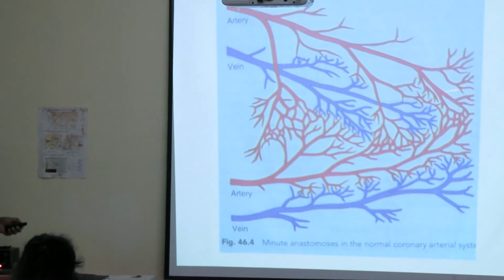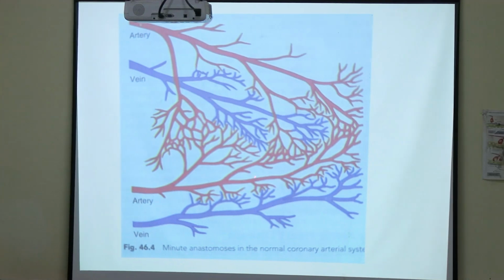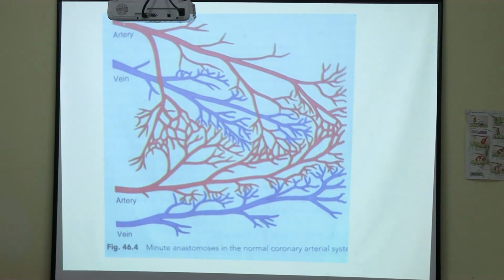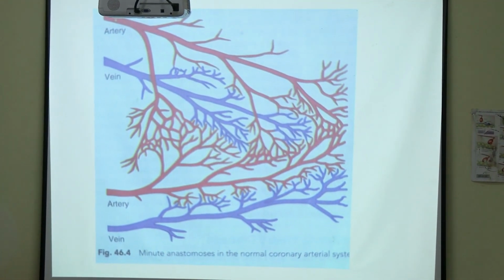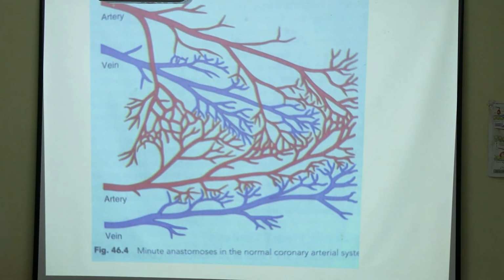See, these are the anastomotic channels. Normally, arterioles lead to arterial end capillaries, then venous end capillaries originate. This is the normal phenomenon in other systems.